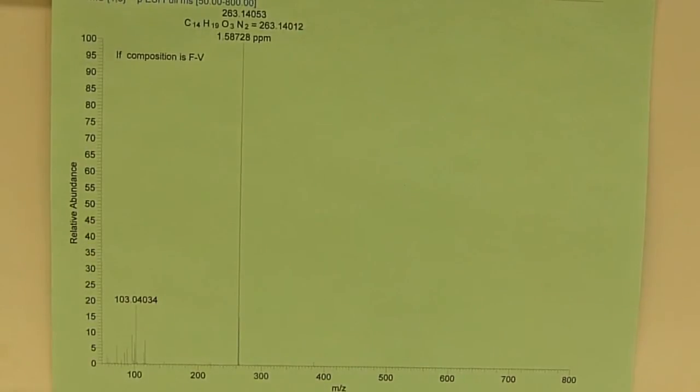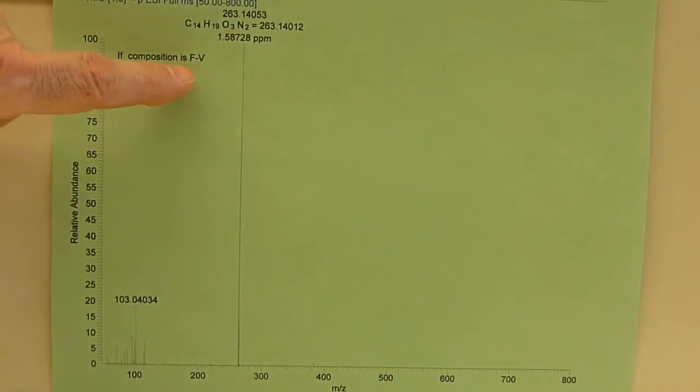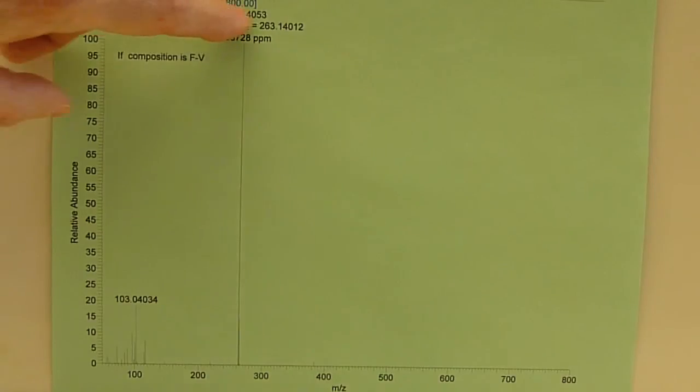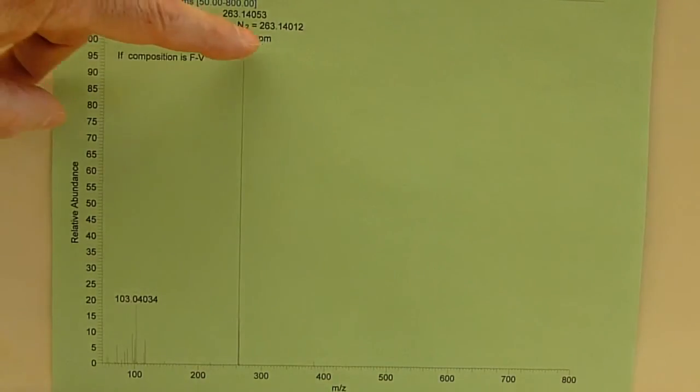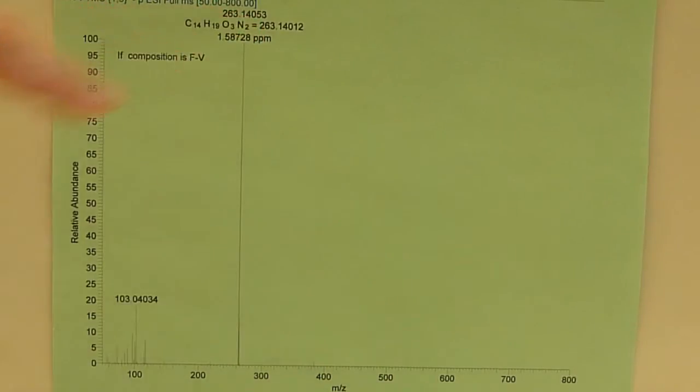For our negative electrospray, we have a simpler spectrum. And again, if the theoretical composition is phenylalanine-valine, this is our observed, this is our theoretical, with our theoretical weight, and the difference is 1.6 parts per million, comparable to the difference we got with the positive electrospray comparison.